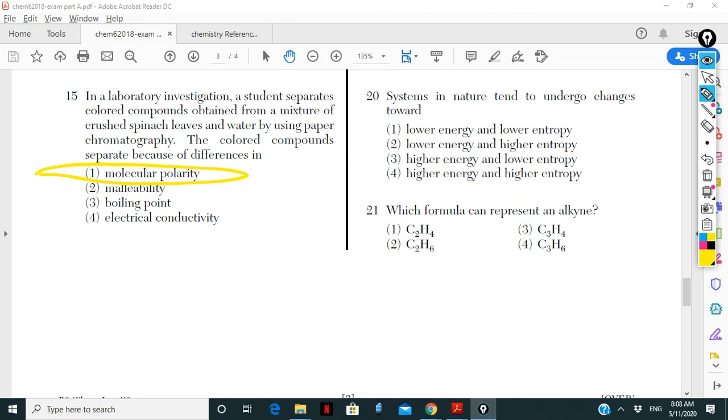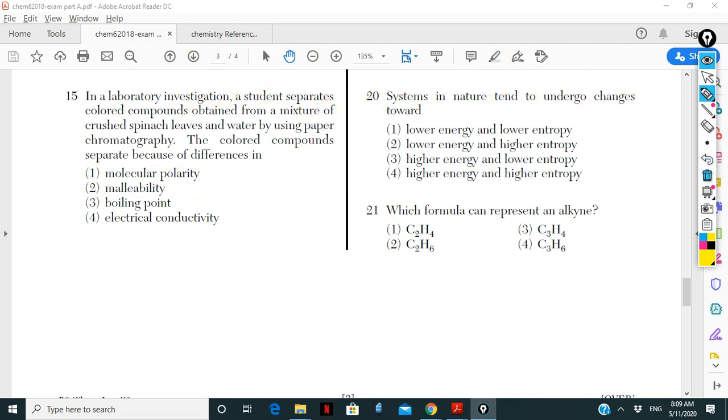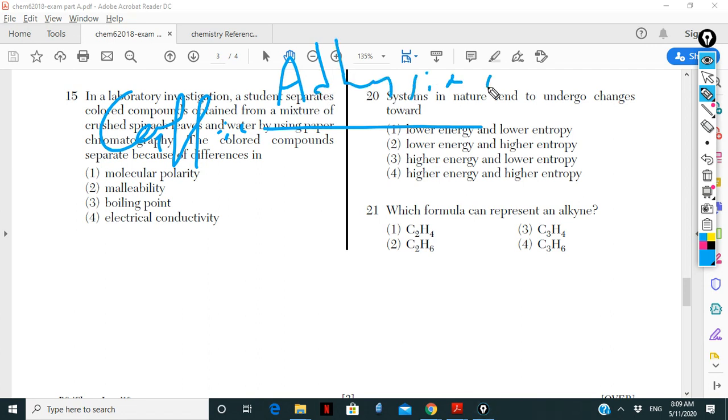As we know, there is something called the coefficient factor, which means the ratio between the adhesion to the surface and the polarity or solubility.